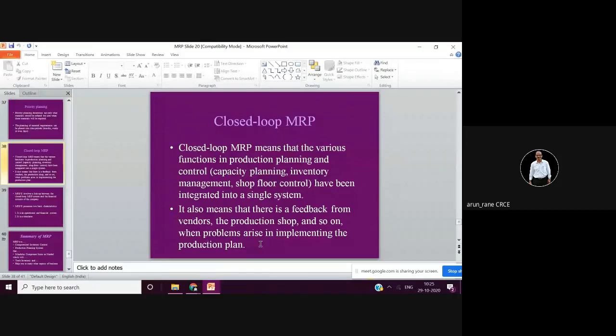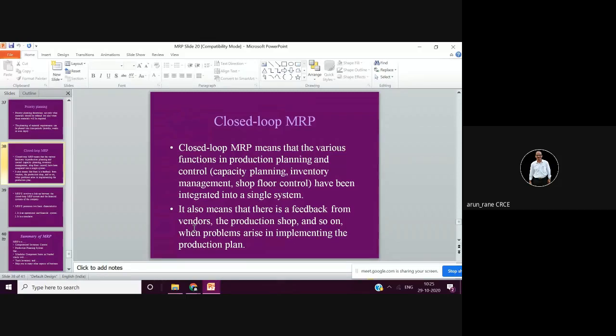Also take a feedback from the production shop, because there can be unforeseen circumstances like machine breakdown, then absenteeism, then raw material shortage. So this you need to always check.